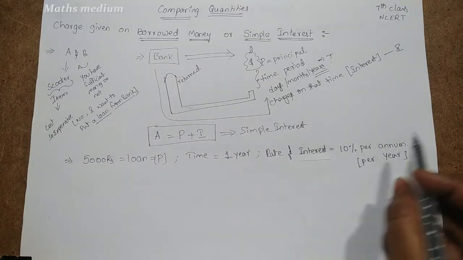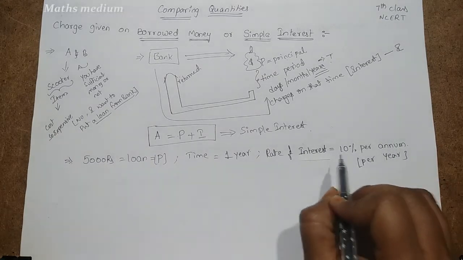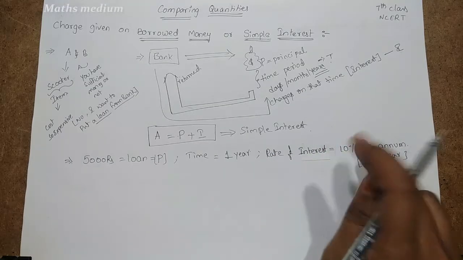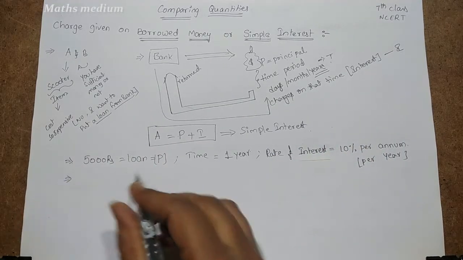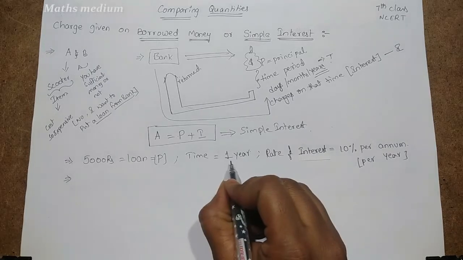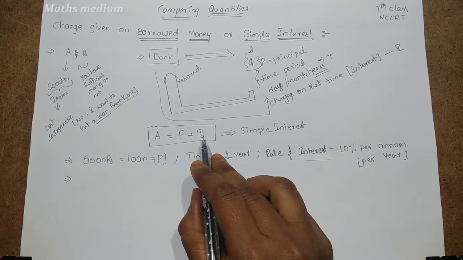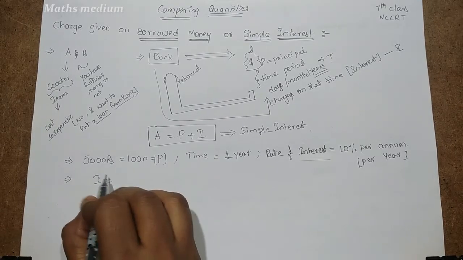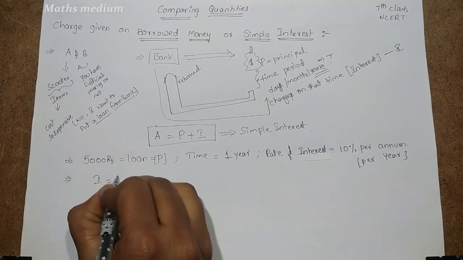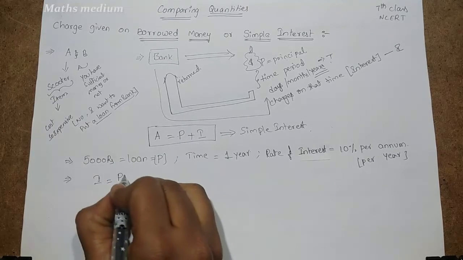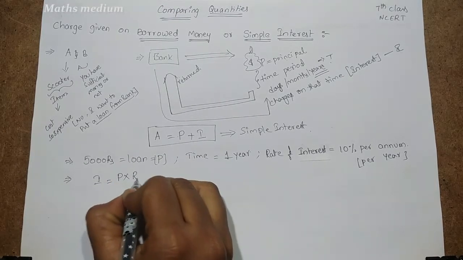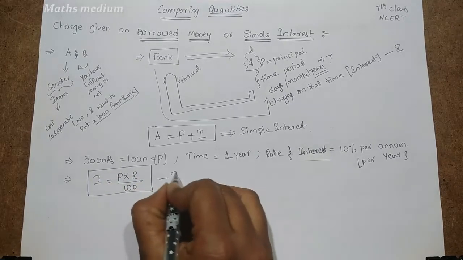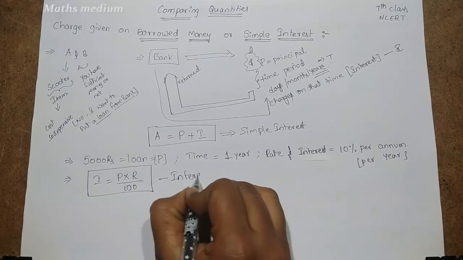Usually we use per annum based problems, that's why it's called rate of interest. Here we have P but we don't have interest. So I is equal to principal P into rate of interest R by 100. This is the formula for the interest.